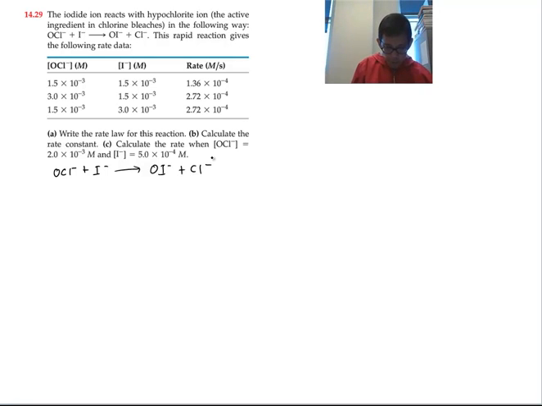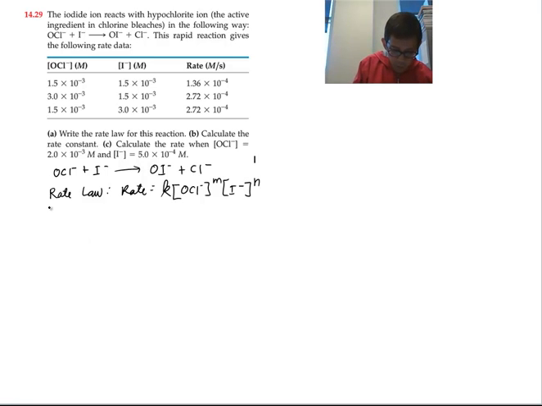So the rate law for that would be: rate is equal to the rate constant k times the concentration of the first reactant, OCl⁻, raised to its order m, times the concentration of the second reactant, I⁻, raised to its order n.